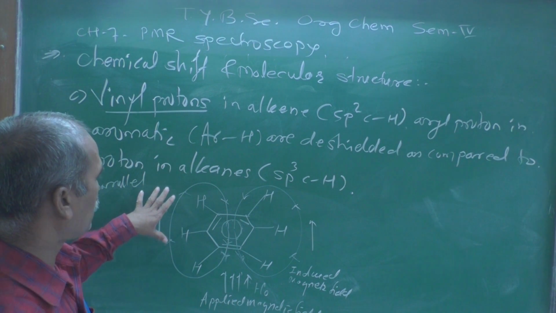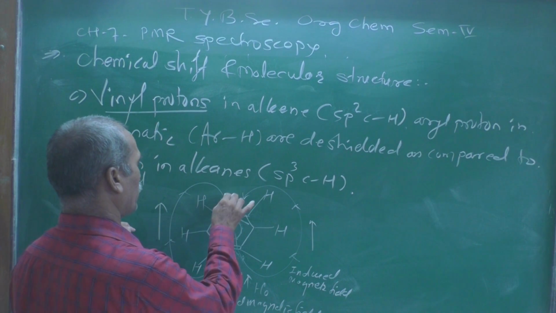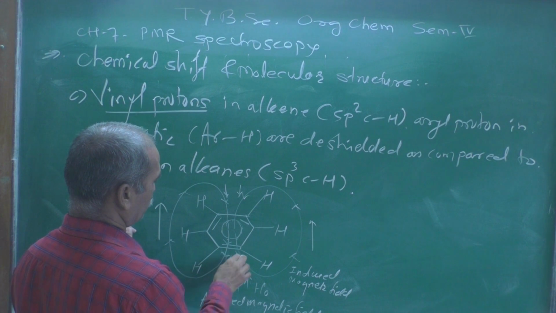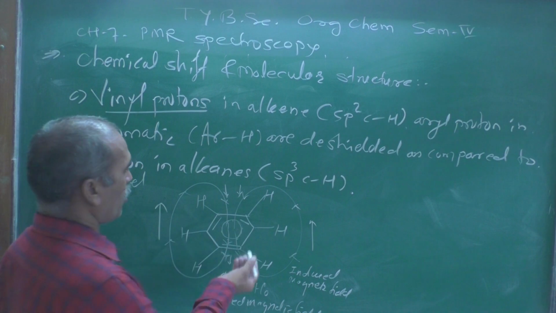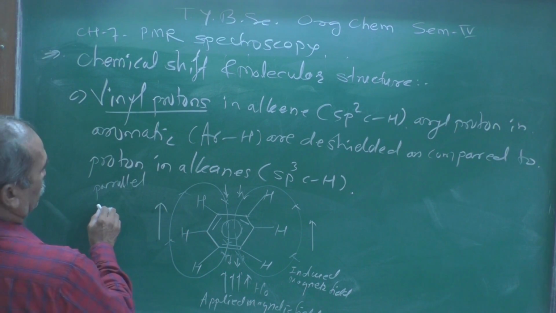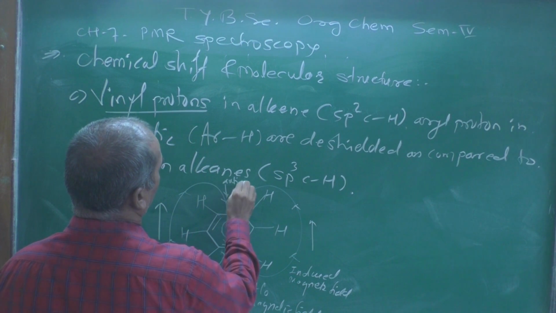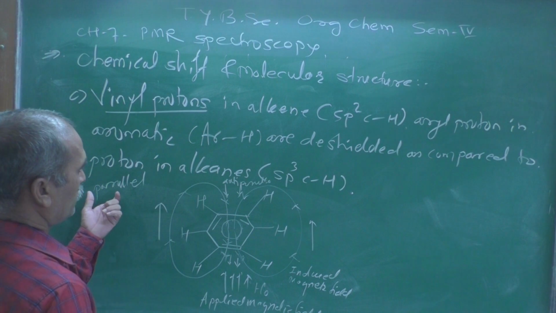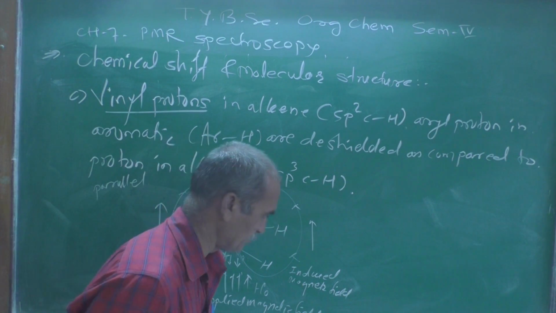This is one of the reasons. Now if you see over here, the arrows are in the downfield direction, which means they are anti-parallel or opposite. One region is parallel, in the same direction, and the other is in the opposite direction.